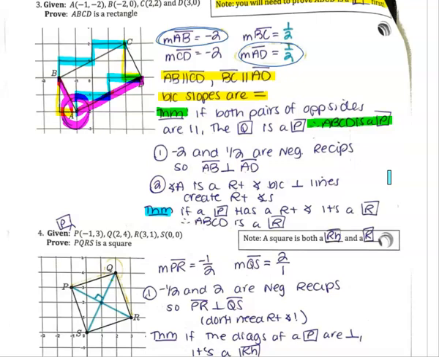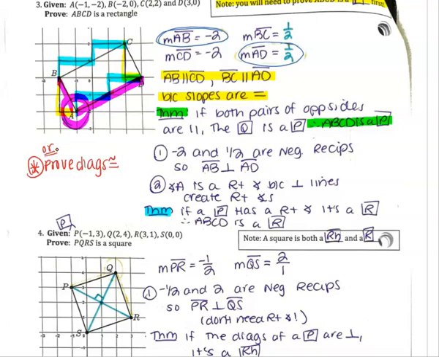Now, I took this approach of using the slopes to be strategic, because if I did the slopes to begin with, then I could reuse them for the second part. But just keep in mind that if you really wanted to, another way you could approach rectangle is you could prove the diagonals congruent.